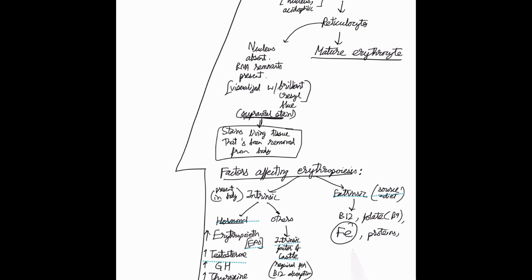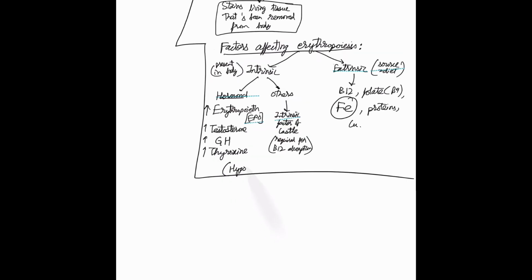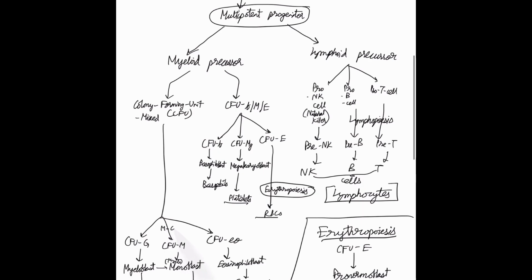On extrinsic factors, we have B12, folate, iron, which is the main factor, proteins, and copper. Hypoxia increases erythropoietin production at the kidney. Something to know.